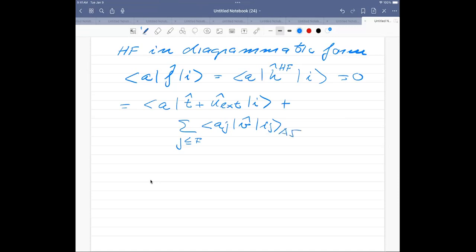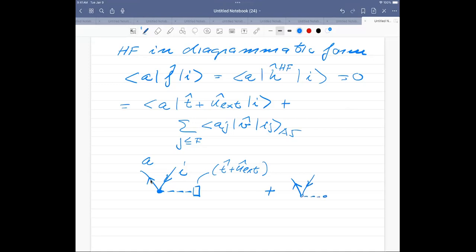Now, when we set this up diagrammatically, taking T plus U external, we would have an outgoing particle line, A, and an incoming hole state, I. I write this in terms of a specific vertex, which involves a one-body operator, our T plus U external. Then in the next diagram we have an outgoing particle line, an incoming hole line, and our two-body interaction.